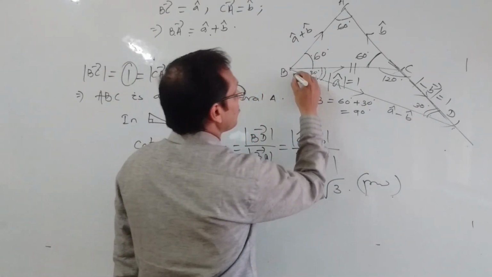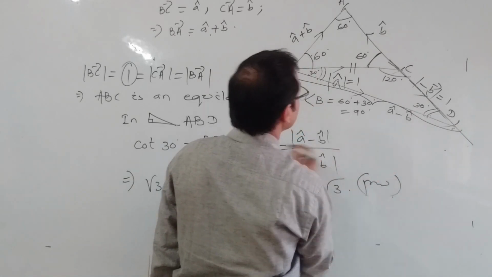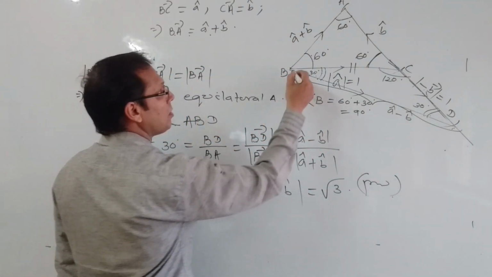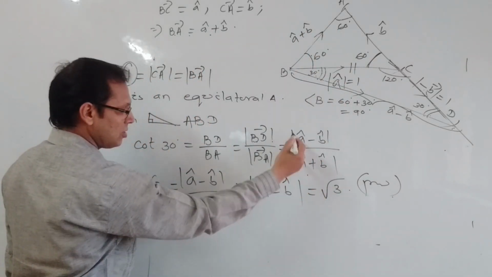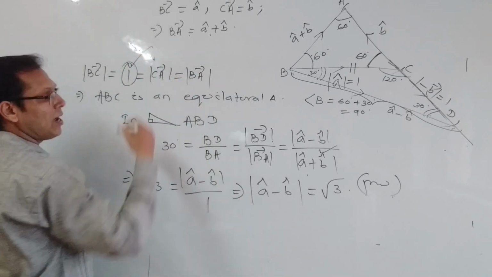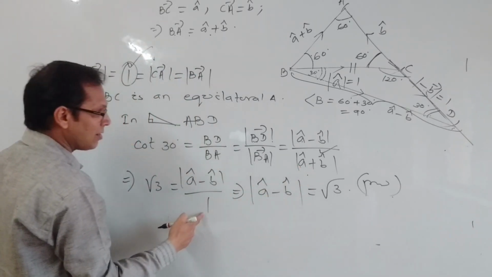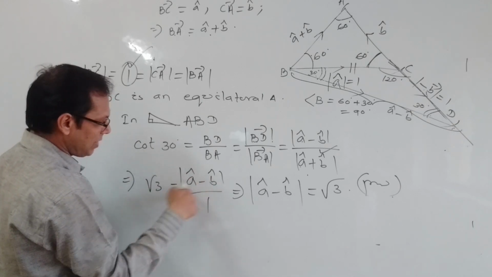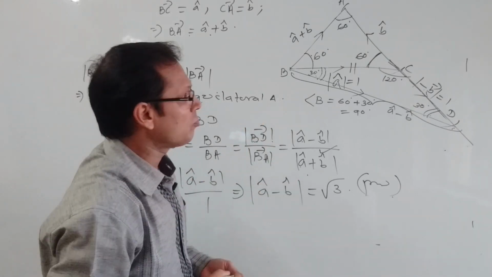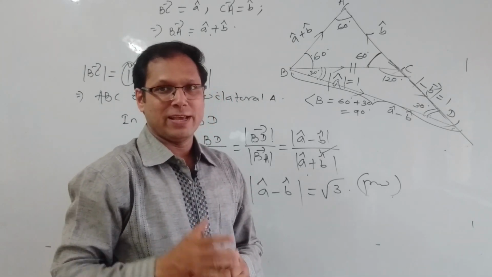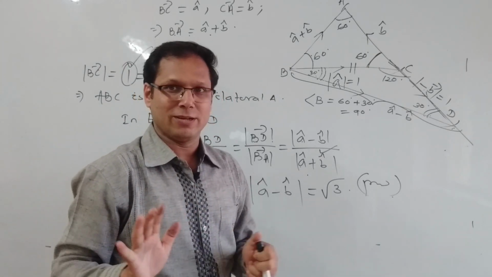That is the BD vector. So BD vector magnitude means A cap minus B cap magnitude by A cap plus B cap magnitude, and A cap plus B cap magnitude is already given as 1. So putting here 1, and cot 30 is equal to root 3. So A cap minus B cap magnitude is equal to root 3. Just we have proved the magnitude of their difference. Difference means A cap minus B cap is equal to root 3.